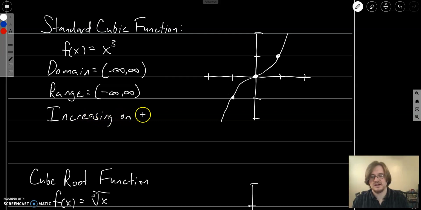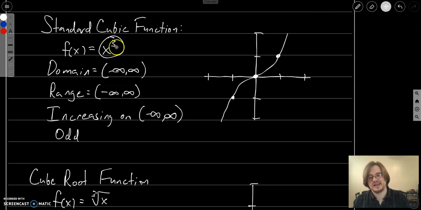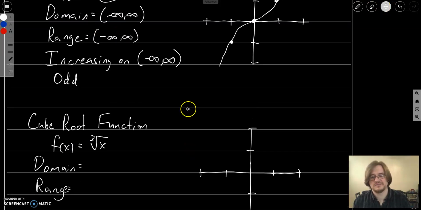So it's increasing on the entire real line. And this is an odd function. Again, this has rotational symmetry, 180-degree rotational symmetry. And when we look at x cubed, this has an odd power. So because it only has one odd power, it's an odd function.